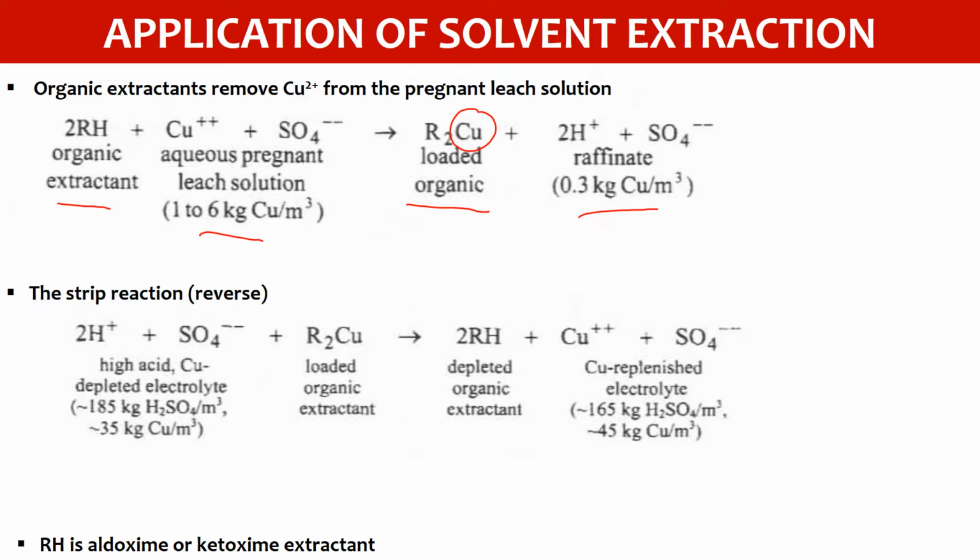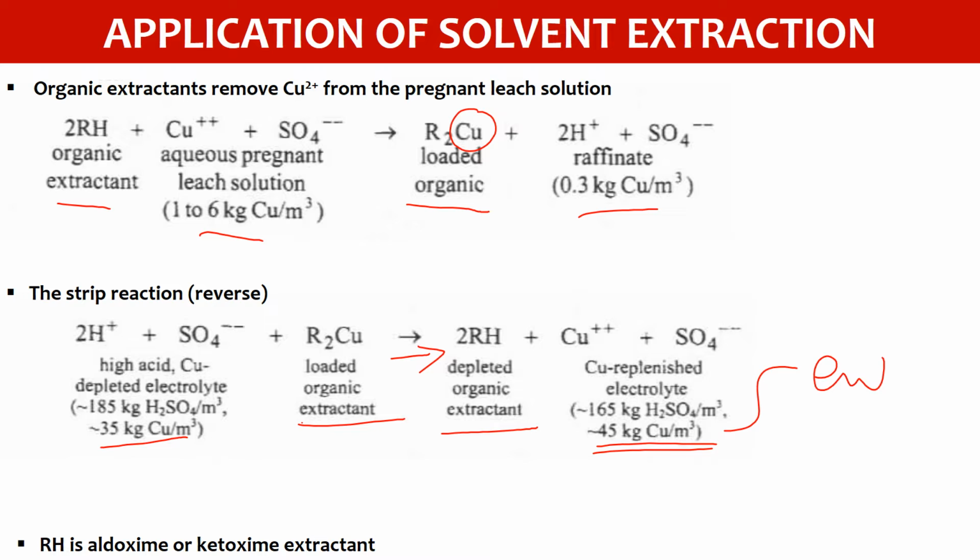Then for the strip, which is the reverse reaction, you're saying this high acid copper depleted electrolyte, about 35 kilograms of copper. Then we've got your loaded organic extractant. And then when the reaction goes forward, you can see that you now have your depleted organic extractant. And then you've got this rich electrolyte that is now being taken for the electrowinning process.